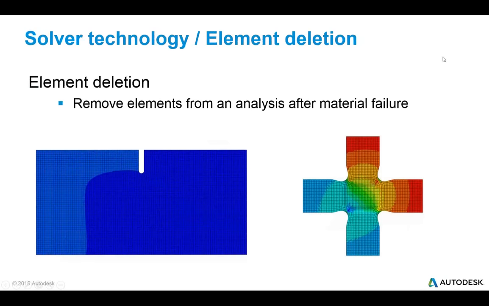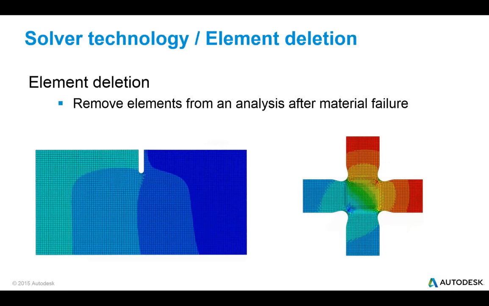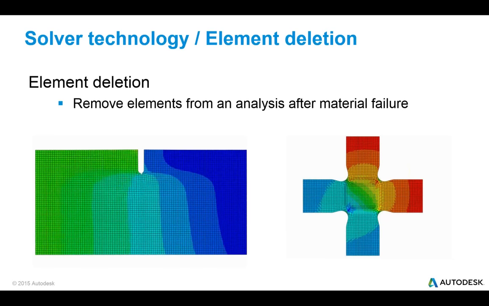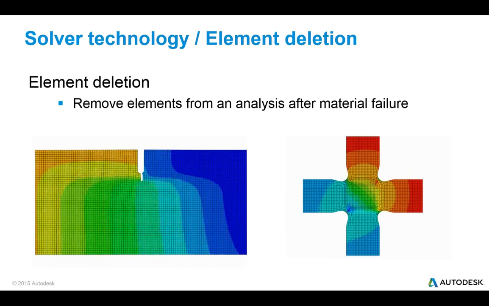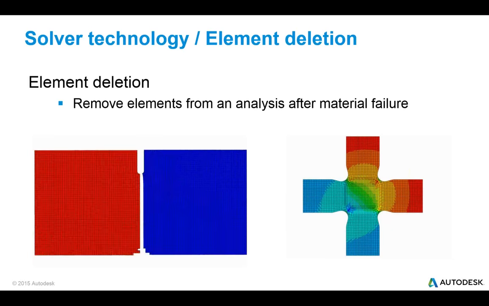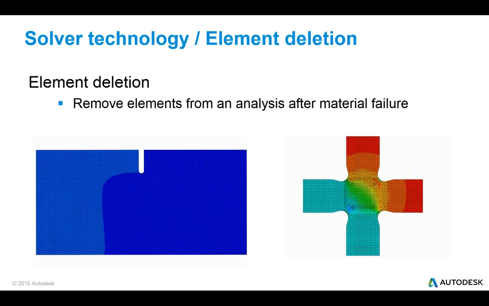Cool. So here's something else that we've added that is really cool. This is called element deletion, and it is applicable to both continuous fiber and chopped fiber microstructures. What you're seeing on your screen is a video playing where we're removing elements. Abaqus 614 added functionality to remove elements in an implicit analysis.